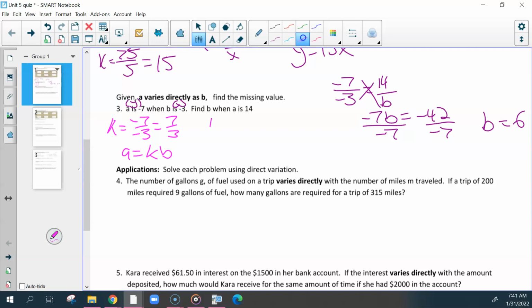So with our numbers, we have 14 equals 7/3 B. You would either need to divide by 7/3 or multiply by the reciprocal, 3 over 7. If you did that, either way you did that, you should get 6 still as the final answer.